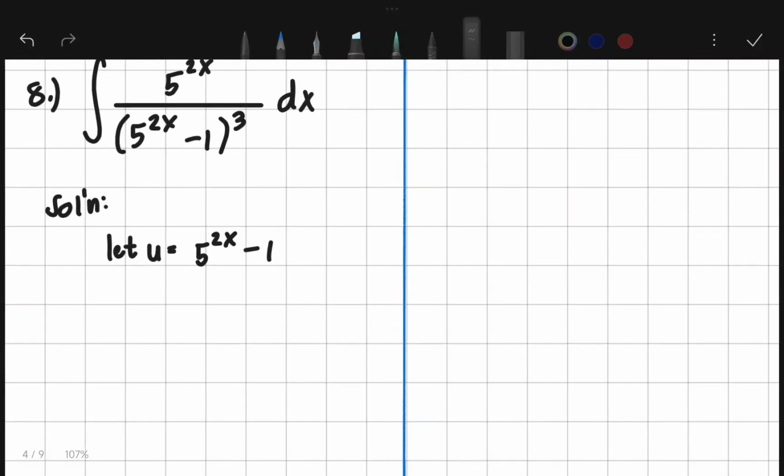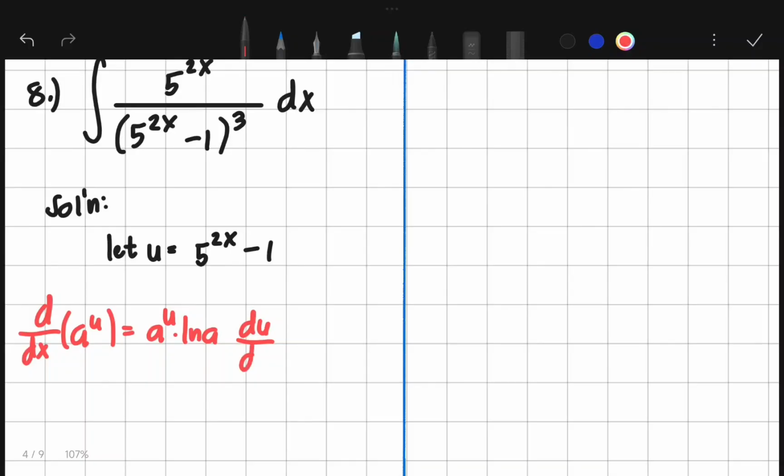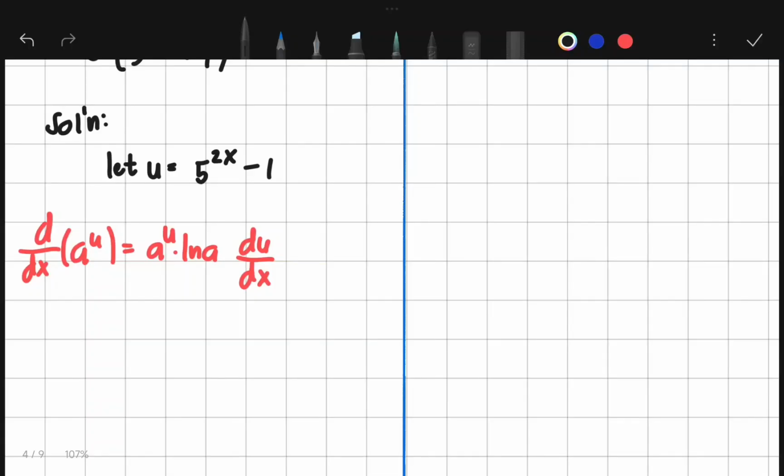The derivative of an exponential function is d over dx of a raised to u, which is equal to a raised to u times ln of a, times the derivative of u with respect to x. That is the derivative for a raised to u.